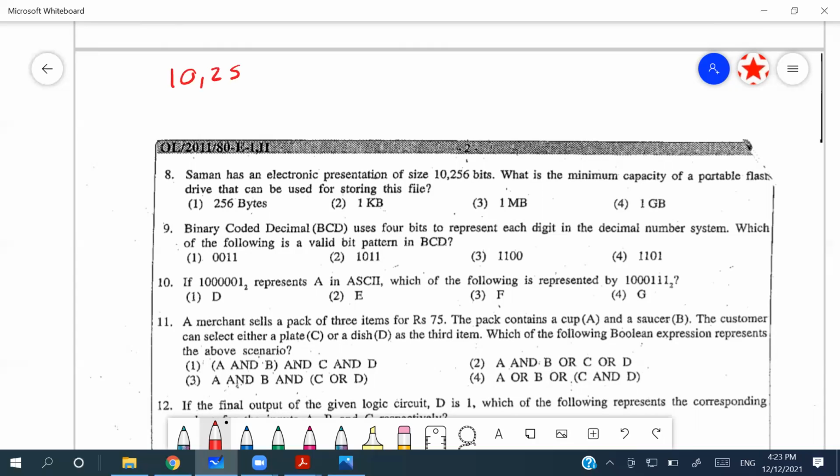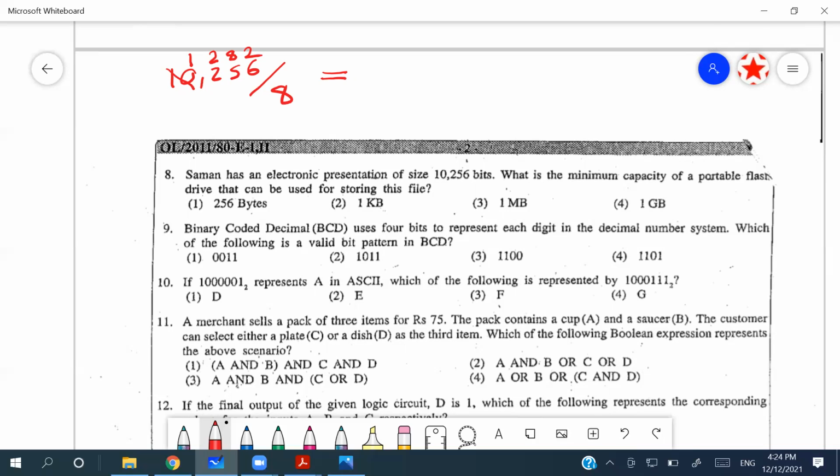Once it is divided by 8, you get the idea of this in bytes. 10 divided by 8 is 1, 2 is remaining; 22 divided by 8 is 2, 16, and 6 is remaining; 65 divided by 8 is 8, 8 times 8 is 64, and 1 is remaining; 16 divided by 8 is 2. So it's 1282.